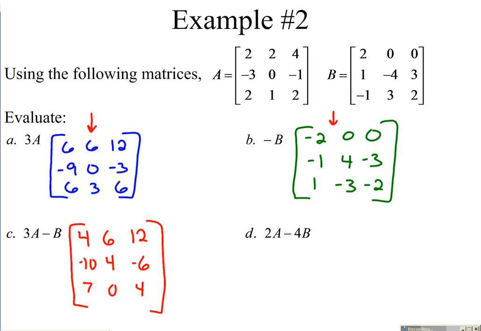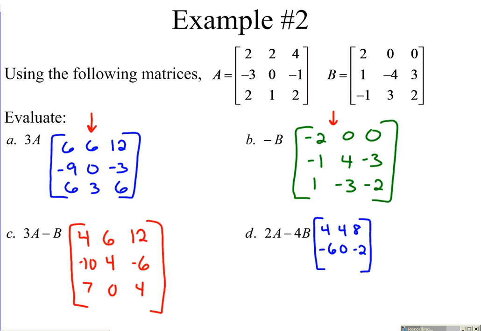Letter D, 2 times A minus 4 times B. Well, let's first take 2 times A. 2 times A is going to give us 4, 4, 8 in row 1. Row 2 is going to give us -6, 0, -2.